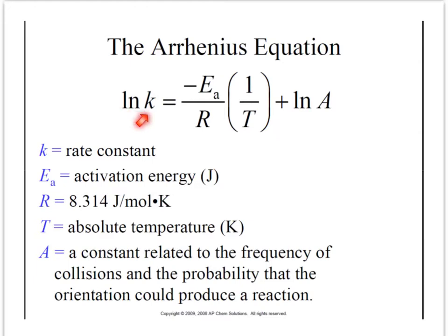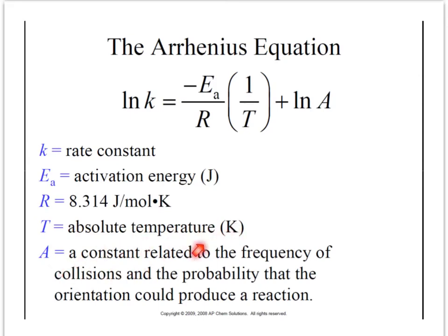The equation is the natural log of k, our rate constant, is equal to the negative of Ea, that's the activation energy, divided by R, times 1 over T, plus the natural log of A. Since we're talking about joules and Kelvin for our energy, R is going to be 8.314 joules per mole Kelvin, not the 0.0821 of the gas laws. Temperature, capital T, means absolute temperature, which is Kelvin.